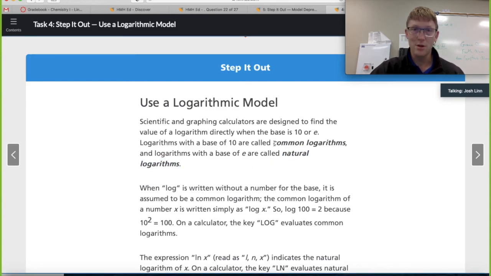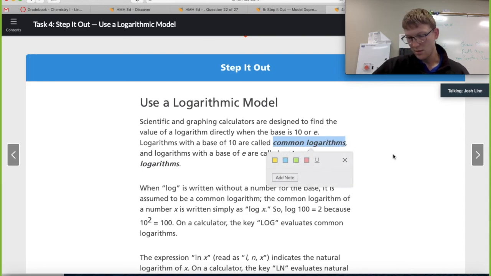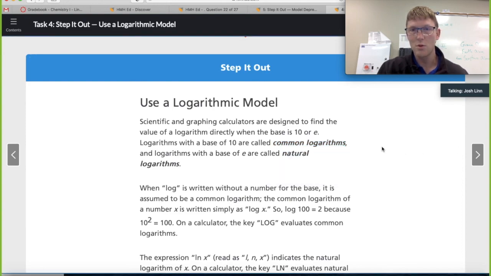A common logarithm is anytime you see log written like log of x; that insinuates log base 10 of x. So if nothing is written there, it is a common logarithm, and it is just a log base 10.